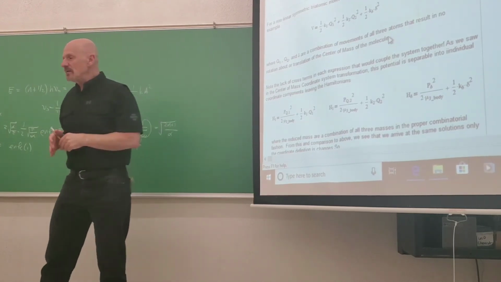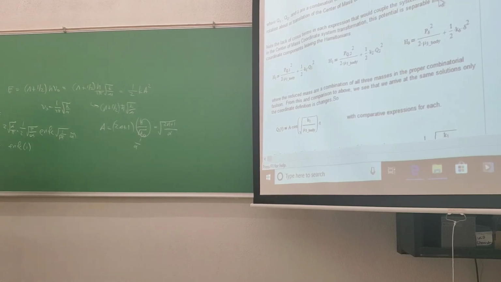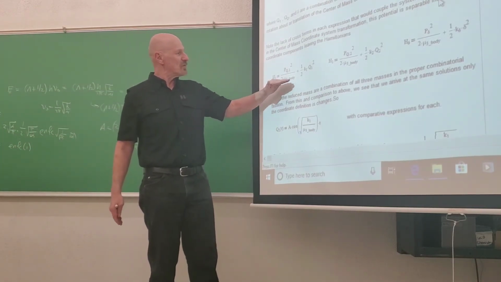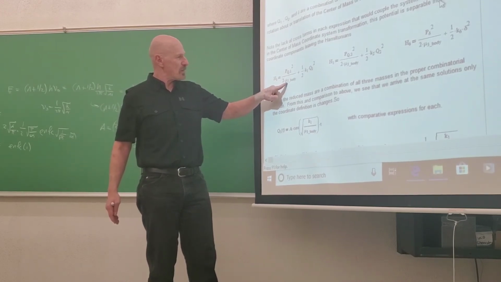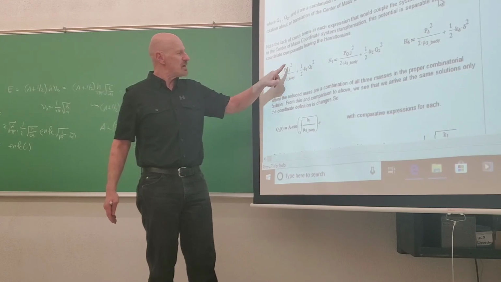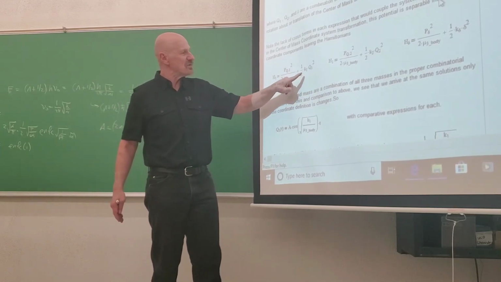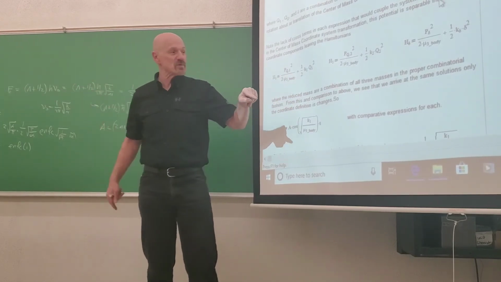And fortunately, all of the Hamiltonians are then separable. So the Hamiltonian for a symmetrical stretch would have a reduced mass for a 3 body. Here's the momentum, p squared over 2 times the reduced mass, and there's the potential, 1/2 k q1 squared, which is the symmetric stretch.